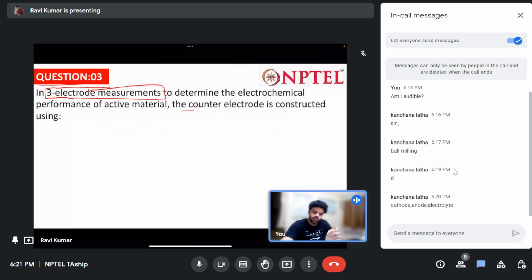But before construction of a battery, there are some methods by which we measure the electrochemical potential of any electrode. For that purpose, we use this three electrode measurement. Yes, one is the reference electrode.